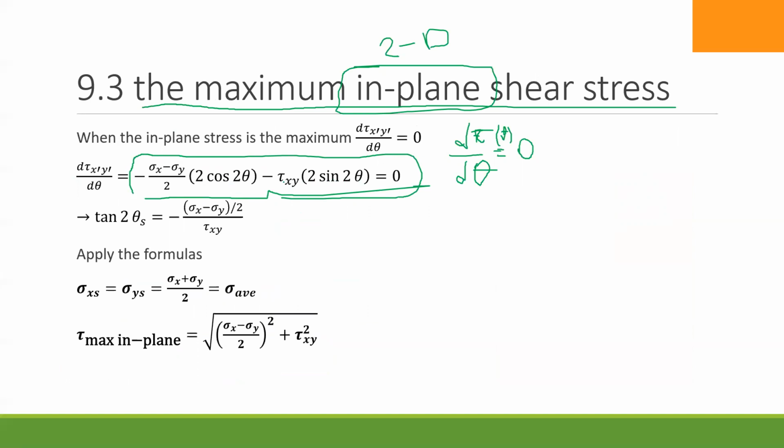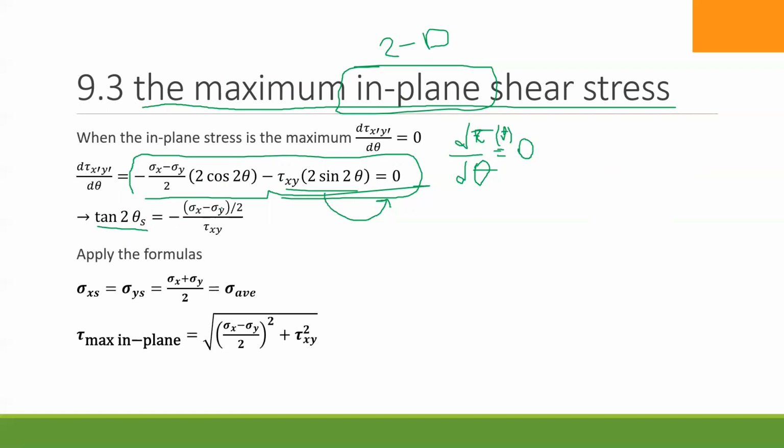Also, I want to move some parameter to the right side. And if I divide by cosine 2 theta, we obtain tangent 2 theta s. Theta s means the special orientation where the maximum in-plane shear stress occurs.